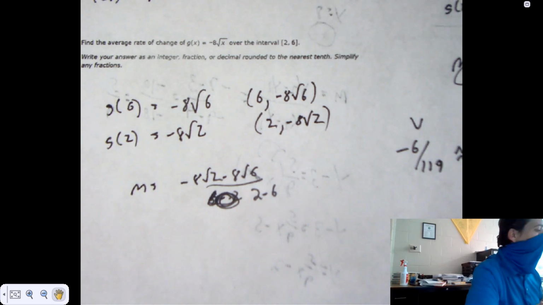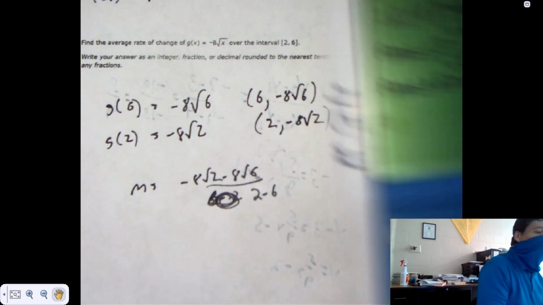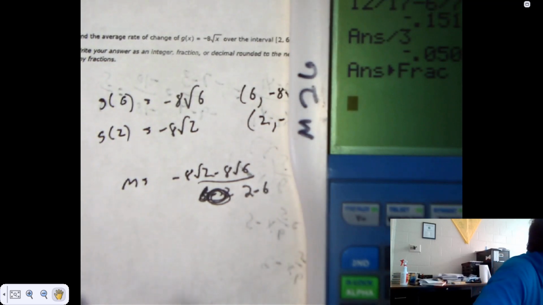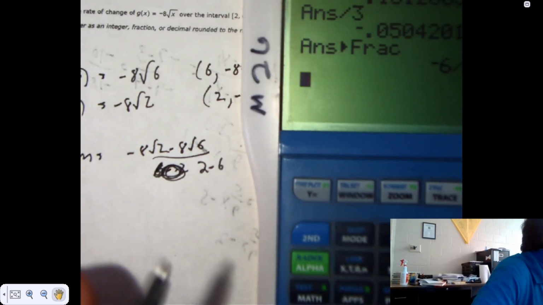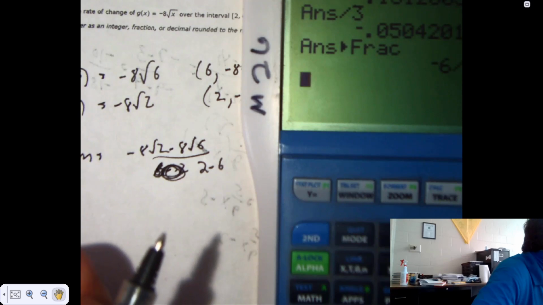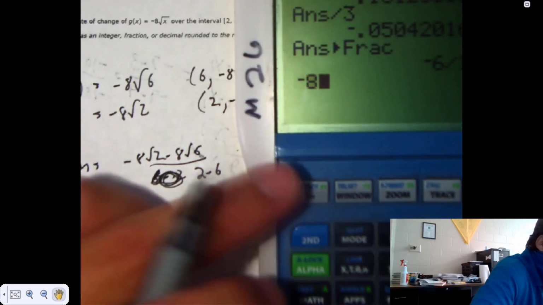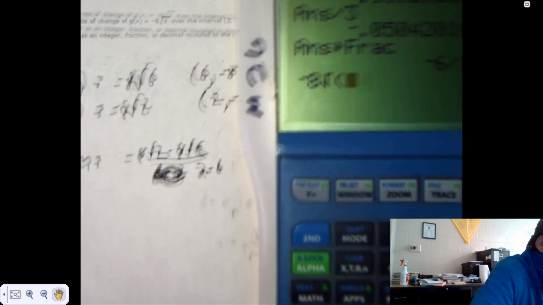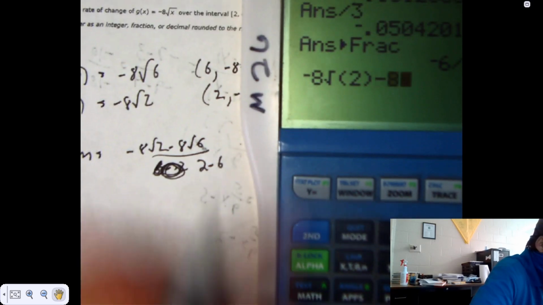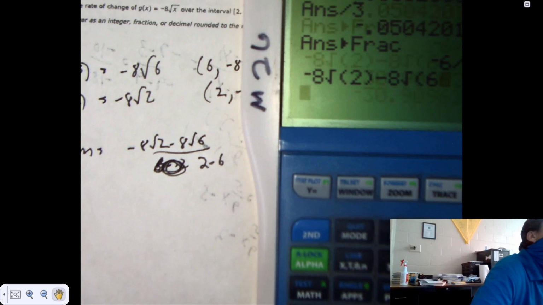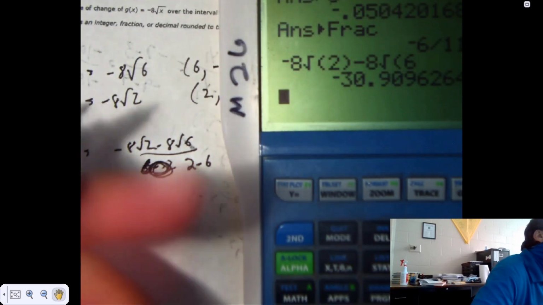So, that's what this technology is for. Do your phones actually have the radical buttons on them? Maybe if you turn it sideways and go into scientific mode, they do. I don't know. If I want a calculator, I grab a calculator. But that's the numerator. What's the denominator?